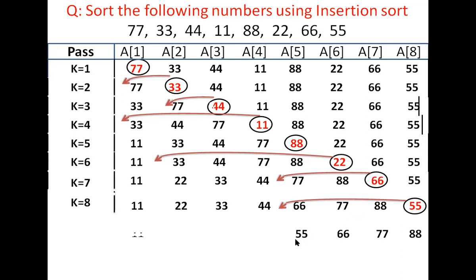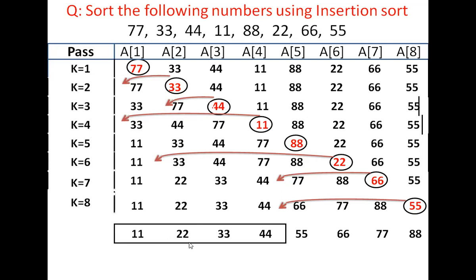The remaining numbers 11, 22, 33, 44 will remain as they are in their positions, and 55 will be inserted into A of 5 position, such that now you can see the sorted array. The final array will be sorted after 8 steps, because there are 8 elements and it takes 8 passes or 8 steps to arrange these numbers in sorted order.